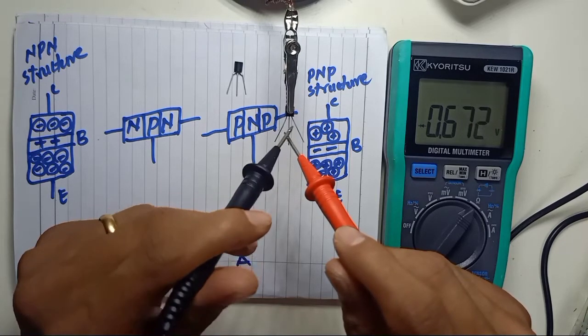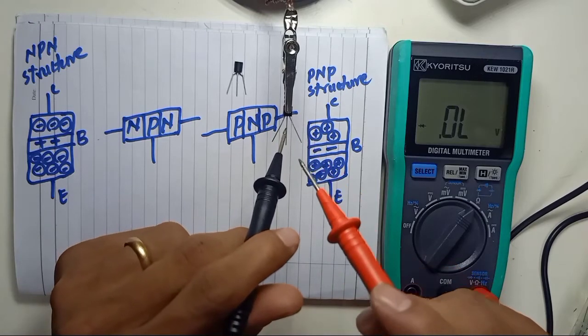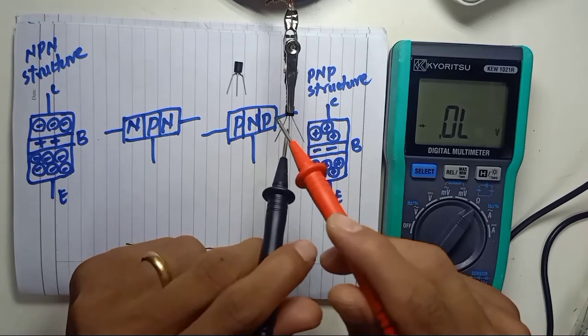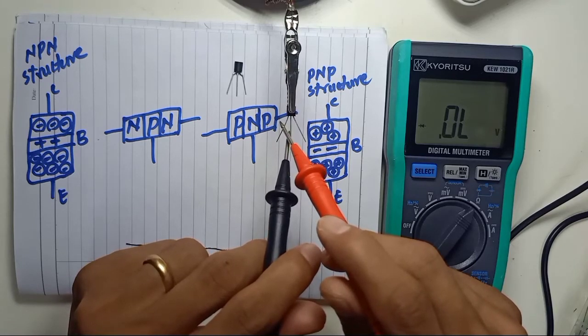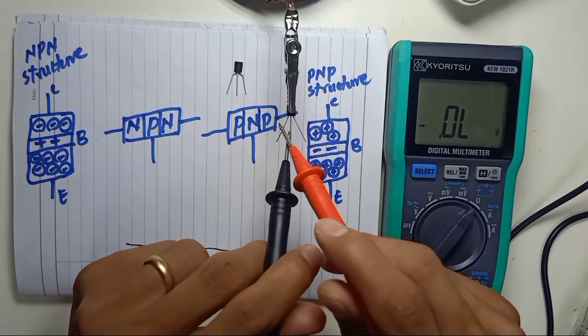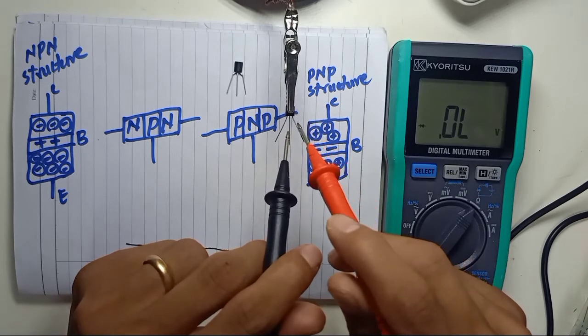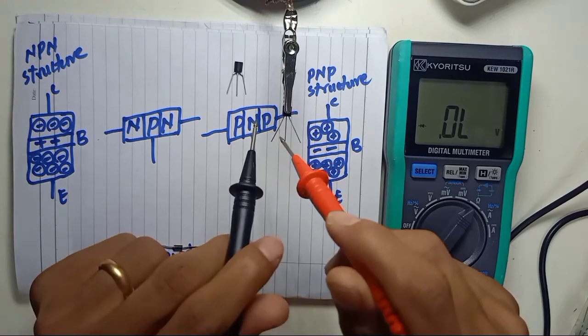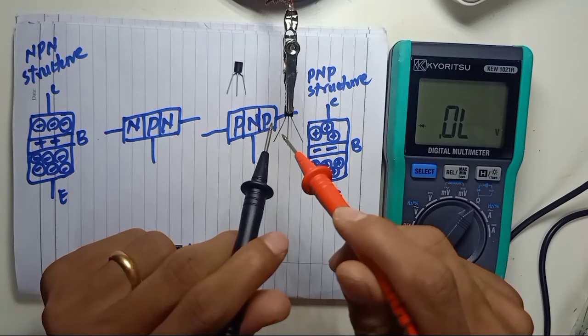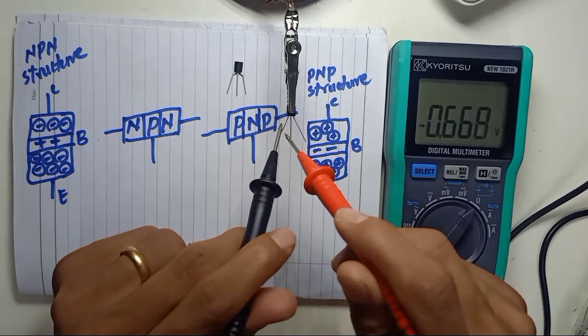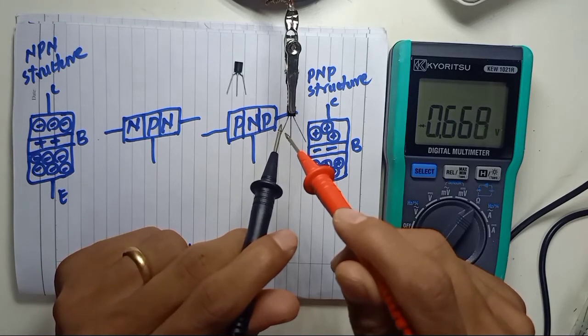Let's say I do the reverse mode: I put the black lead in the middle and the red lead on the first pin. I didn't get any reading. This is the reverse bias. That's why I didn't get any reading. And the red lead to the top pin, I didn't get any reading. But in the first way, with the red lead in the middle and the black lead on the first pin, I have a reading.